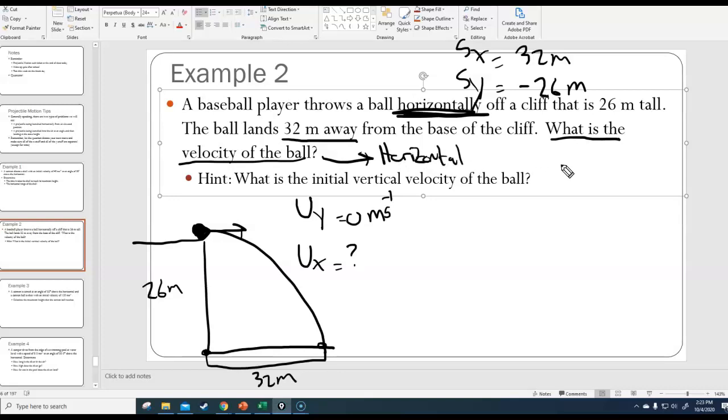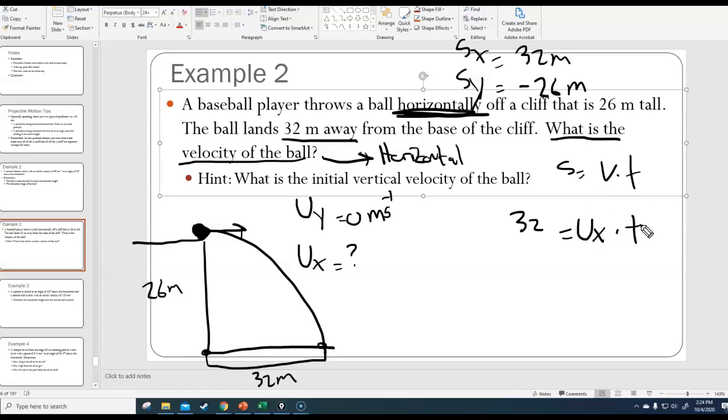Okay, so what do I know about horizontal motion? It's constant velocity. I whip out my constant velocity equation, s equals v times t. Remember, I only should have x stuff in this equation because I only have constant velocity in the x direction. And so I know that s is going to be 32. I don't know ux.